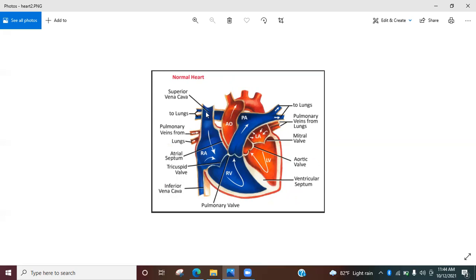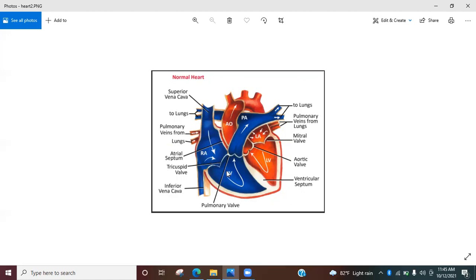Now let's identify all those things in a clear manner. Superior vena cava and inferior vena cava, both are coming to the right atrium with deoxygenated blood.